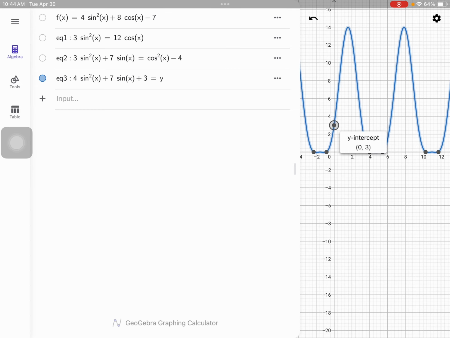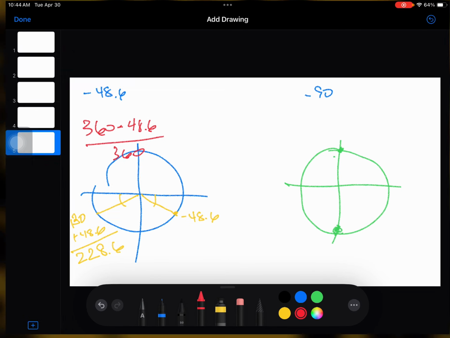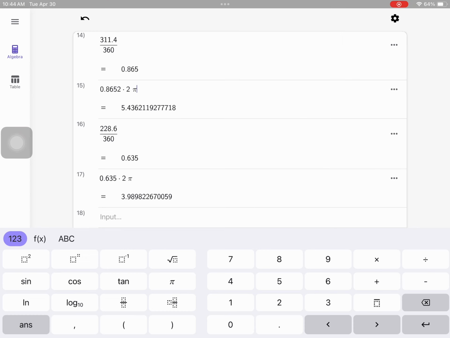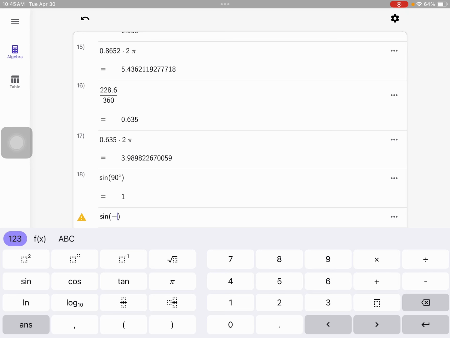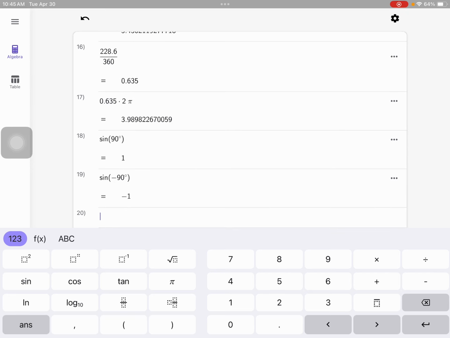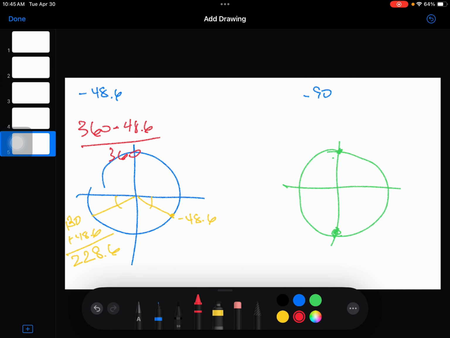0, 3. Now, what happens to the y? Let's go back over here, and we're going to get sine of 90. What happens to sine of 90 and sine of negative 90? Negative 1. Oops, only one value there, my fault. Obviously, this is negative 1. That's positive 1 on the y.